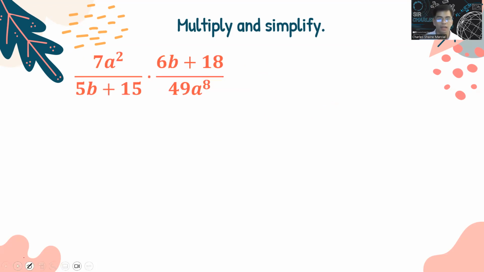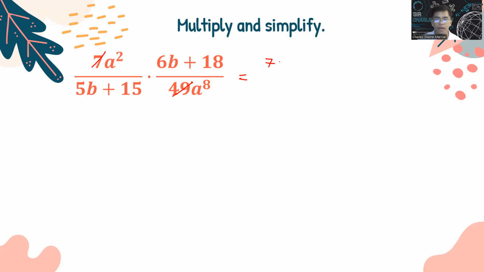Okay, let's try. Next example. 7a squared over 5b plus 15 times 6b plus 18 over 49a raised to 8. We have 7 and 49. Ano yung common factors nila? We have 7. So, copy muna natin yung problem.